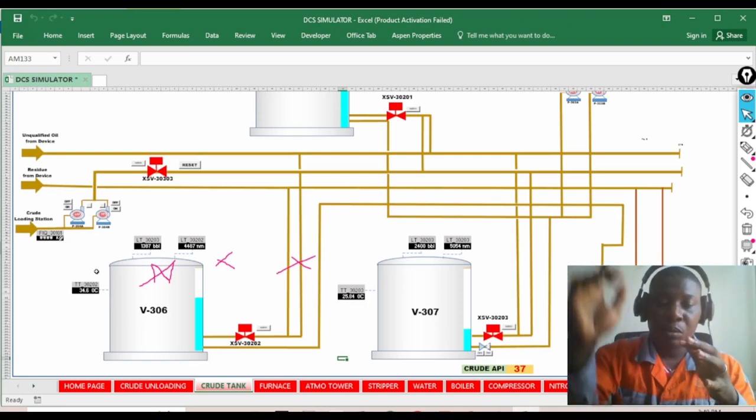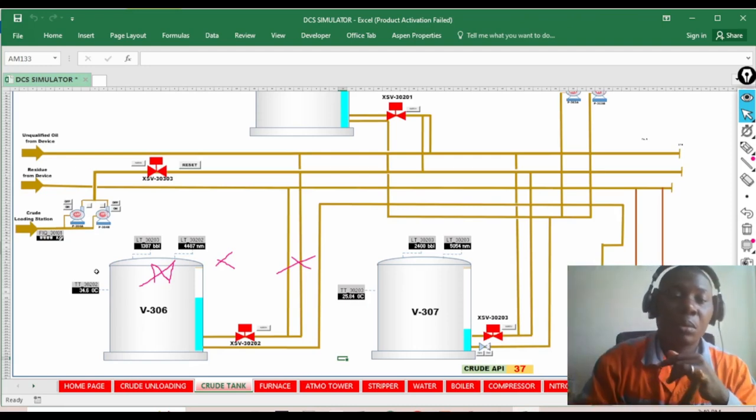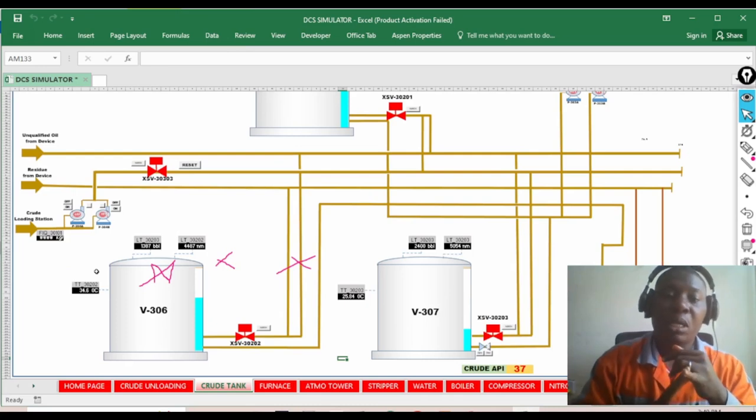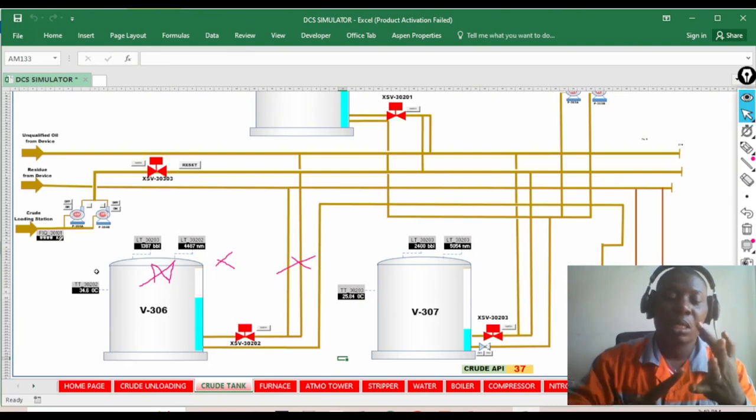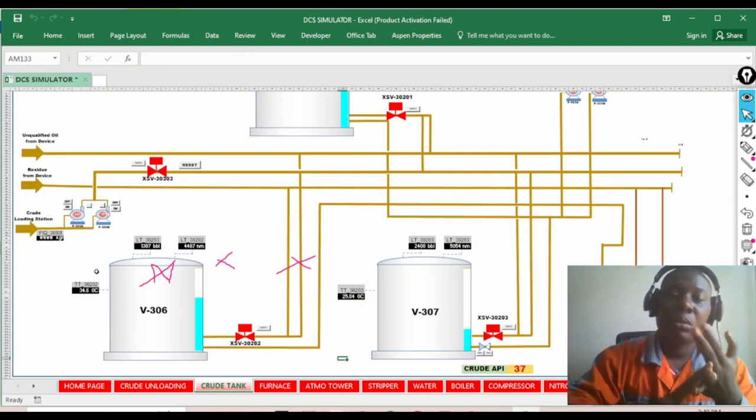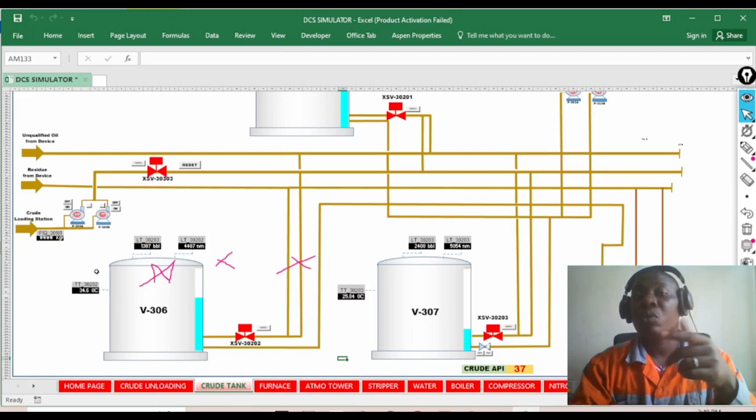Now like I said, a SIF is something that has these 3 elements: a sensor, a controller, and a final control element. Now the pump is a final control element.